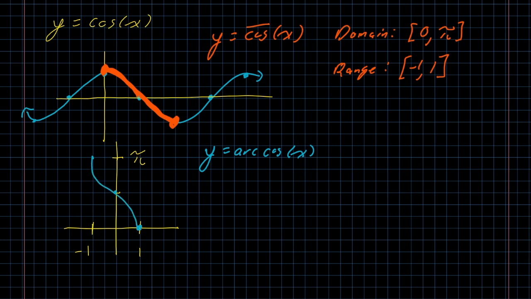We can get our arc cosine function, which will look something like that. The domain here will be from -1 to 1, and the range in this case will be from 0 to pi. And right away, I hope you see why I'm taking the time to go through all of this.